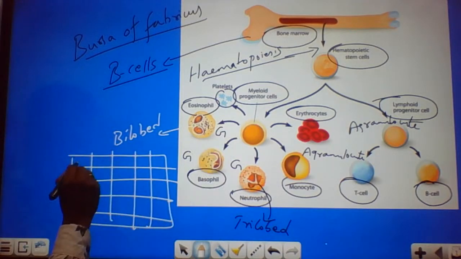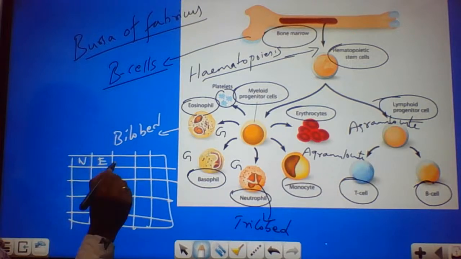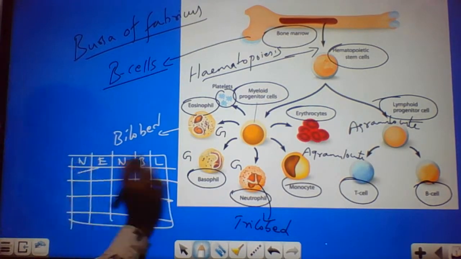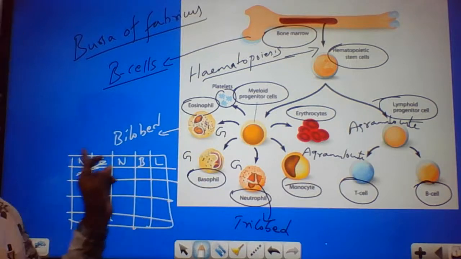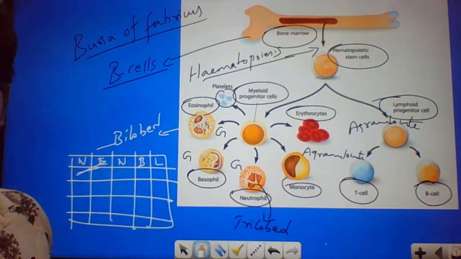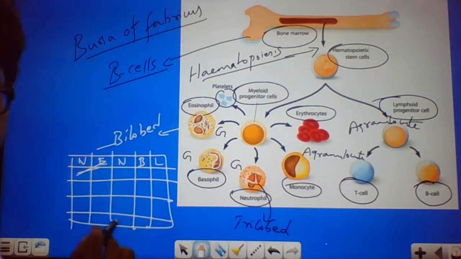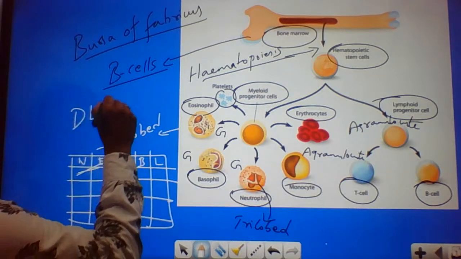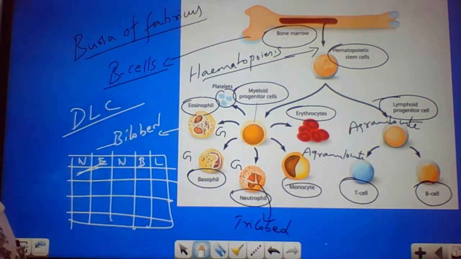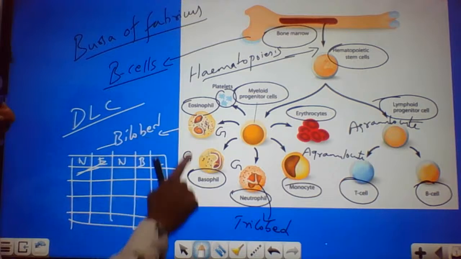For example, N for neutrophil, E for eosinophil, then basophil, lymphocytes, and we keep mentioning them like that. Then we count all the 100 boxes and give the total percentage. What is the name of this technique? We call it DLC, the differential leukocyte count.